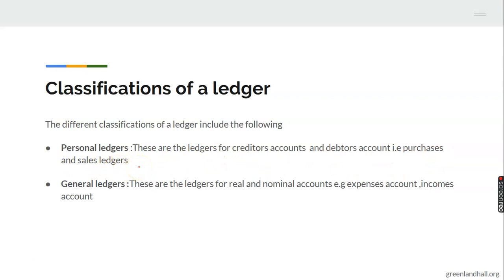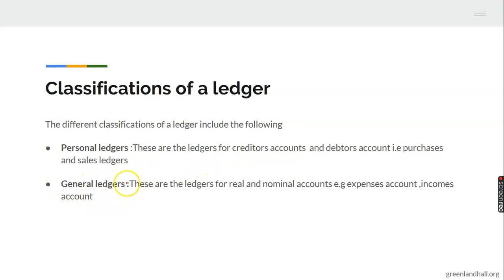They are categorized under personal ledgers, as they consist of the names of either the buyers of the organization, that is the customers, or those who have sold some things to the organization.